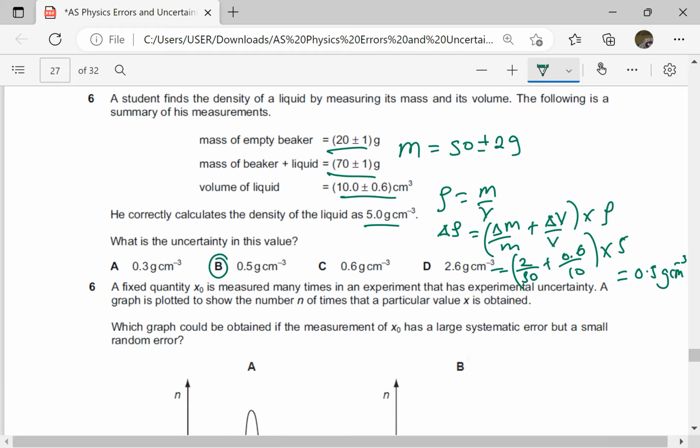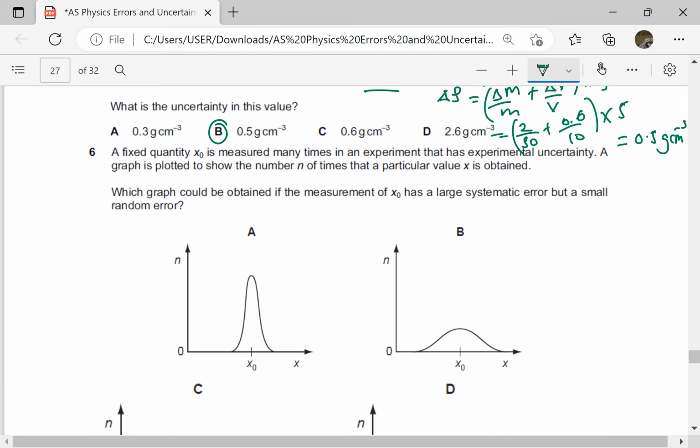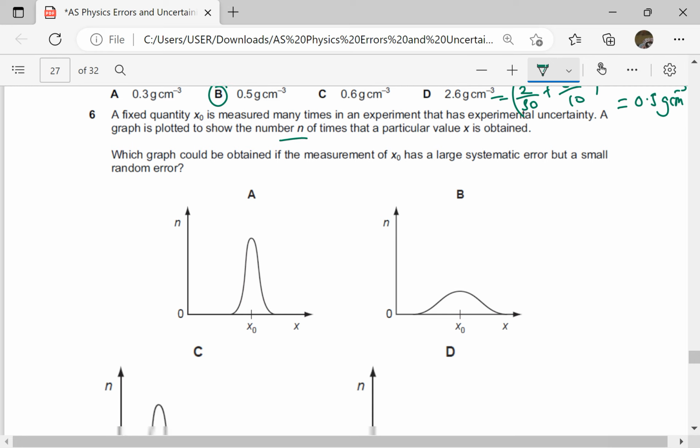A fixed quantity x naught is measured many times in an experiment that has experimental uncertainty. A graph is plotted to show the number n of times that a particular value x is obtained. Which graph could be obtained if the measurement of x naught has a large systematic error but a small random error? Large systematic error means the average is not the true value. Small random error means the peak is narrow.